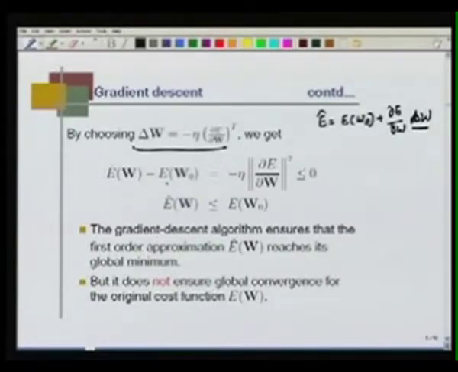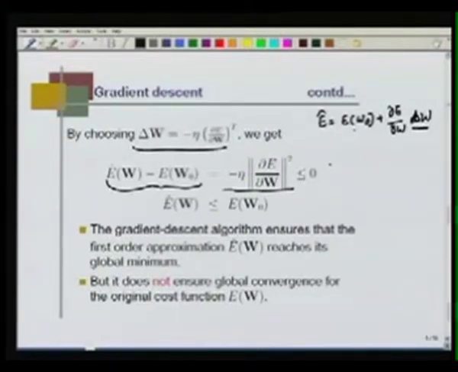If you do that, then E hat minus E(W naught) becomes this quantity, because you get minus eta times the norm square of del E upon del W. Since this is a norm quantity, which is always positive, this particular term is always negative.